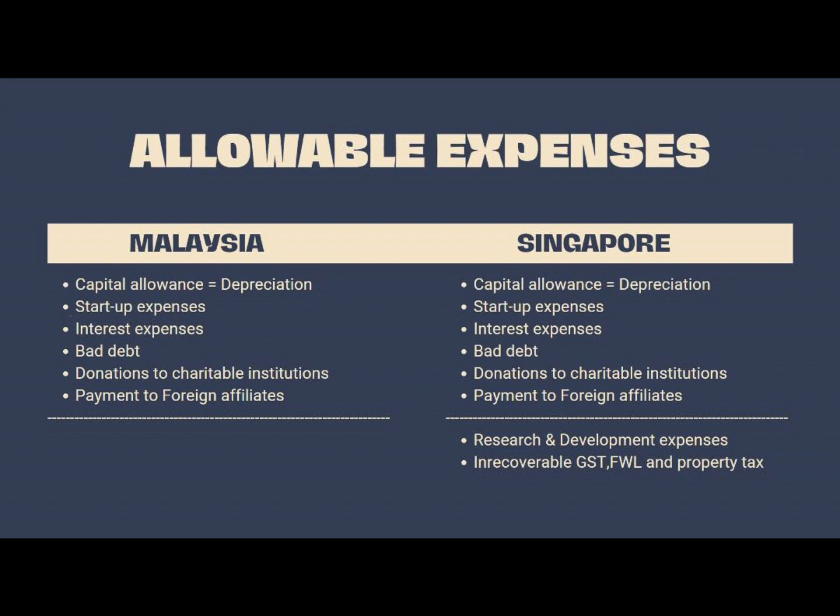Expenditure incurred in relation to R&D cost-sharing arrangements is accorded the same tax treatment as R&D expenses. Income tax is generally not deductible in determining corporate income. However, irrecoverable GST is deductible under certain circumstances. The FWL and property tax are deductible to the extent they are incurred wholly and exclusively in the production of income.